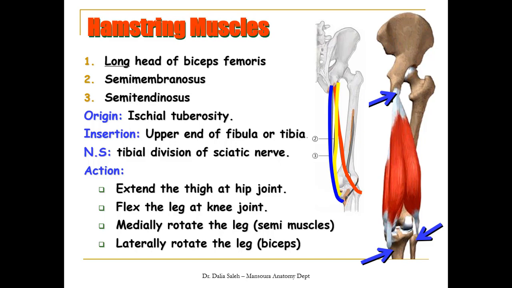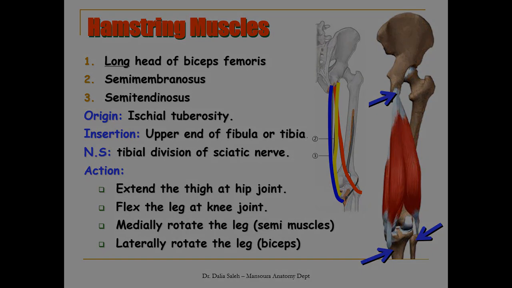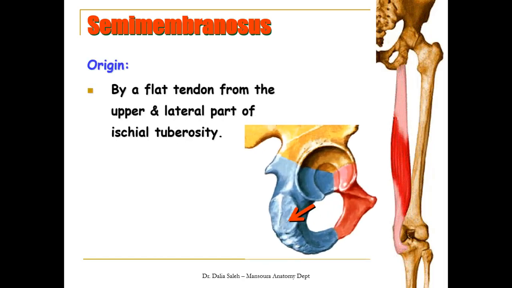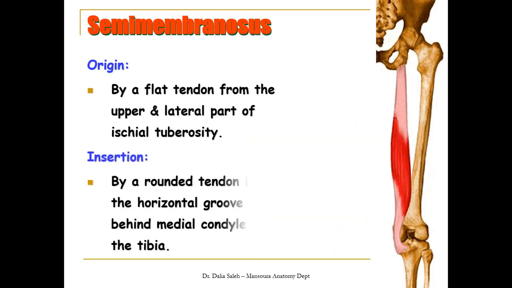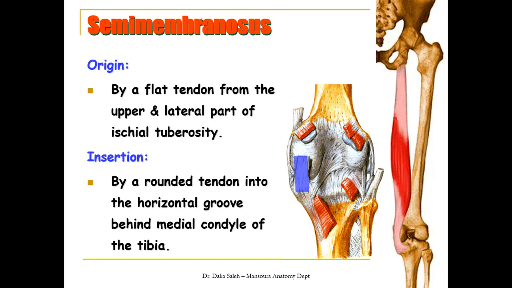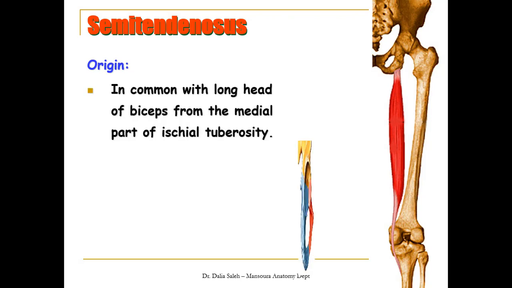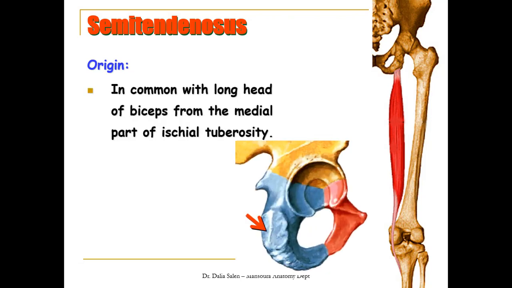This is a summary for the hamstring muscles, but if we need more details, the semimembranosus will take origin by a flat tendon from the upper lateral part of the ischial tuberosity, and its insertion by a rounded tendon into the horizontal groove behind the medial condyle of the tibia, and from there extensions of this tendon go into different directions to support the capsule of the knee joint, while the semitendinosus arises in a common origin with the long head of biceps from the medial part of the ischial tuberosity.